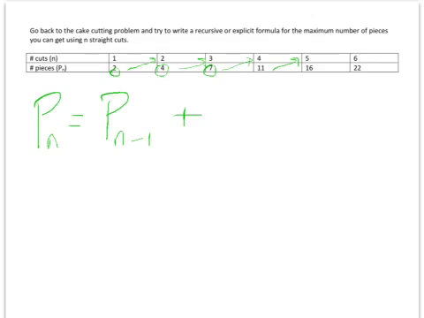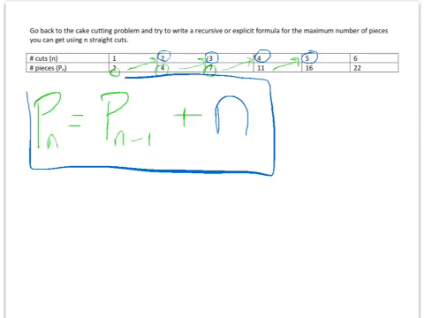And then the numbers we add to it are these numbers, 2, or 3, or 4, or 5, and those numbers are values of n. So a recursive rule would be P sub n minus 1 plus n. And an explicit one is possible. It's a little bit more complicated, but we can just stick with the recursive for now.